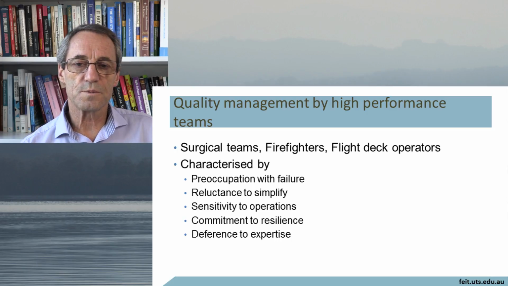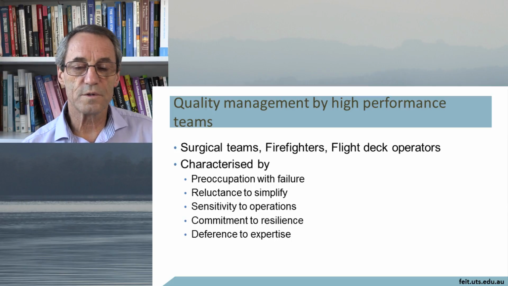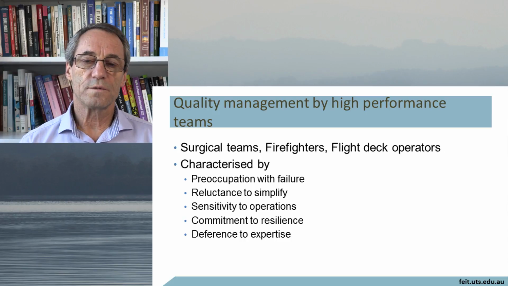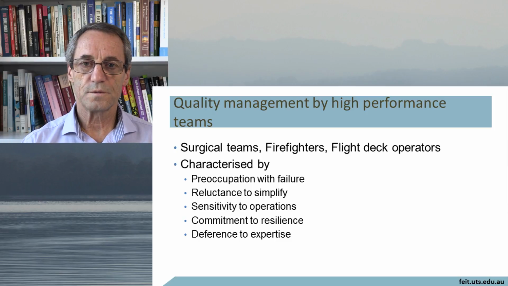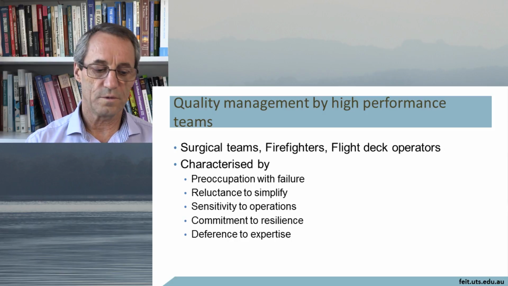And there was a deference to expertise. You might think that's sort of obvious, but it isn't always happening. So here we have precedents or models from other domains that an agile software development team could follow.